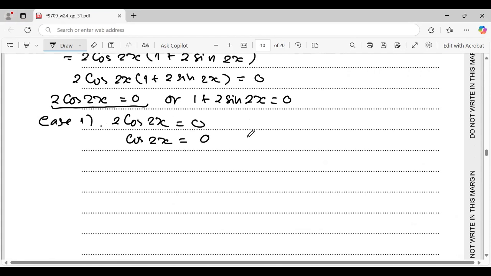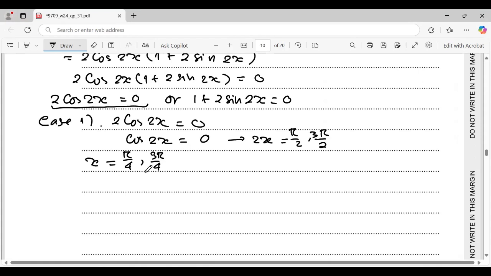So 2x equals pi half and 3 pi half. So it means x equals pi half divided by 2, equal pi quarter, and 3 pi half divided by 2 equal 3 pi quarter.